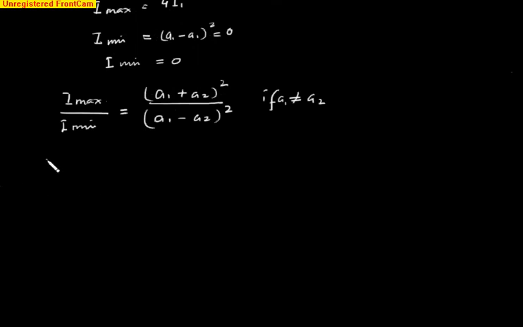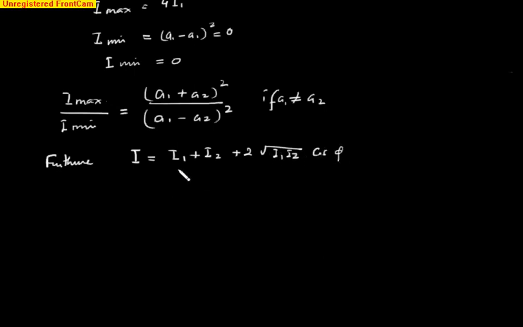Further, we can write that the intensity on the screen will be the sum of the intensity of the first source, the intensity of the second source, plus twice the square root of the intensities of first and second with cos of phi.